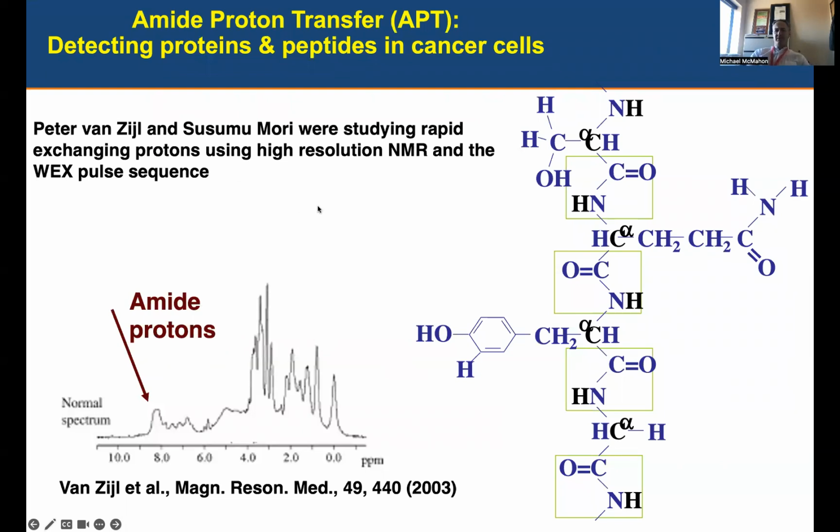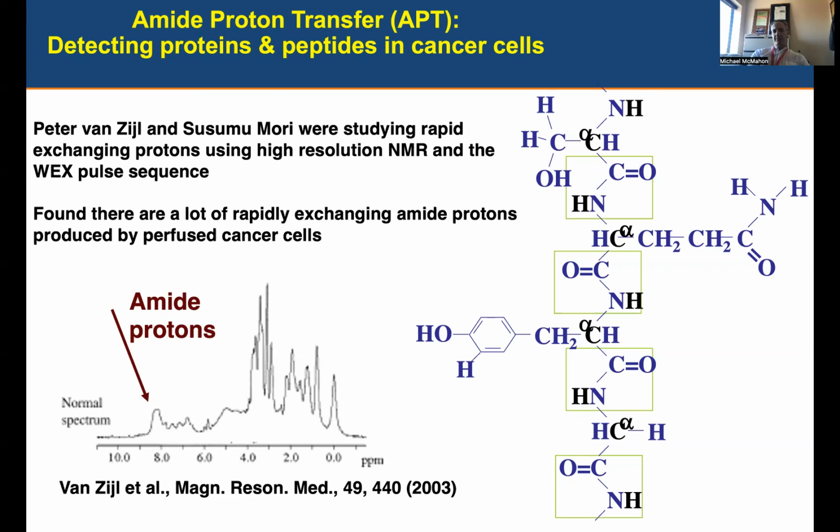And so they developed these methods to study rapid exchanging protons using gradients to destroy the water signal and the WEX pulse sequence. And so they saw these cancer cells have these nice, very prominent amide protons with fast exchange rates, which was different between the cancer cells and the non-cancer cells.